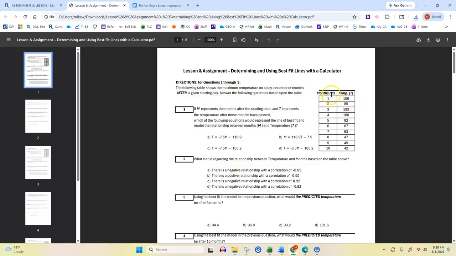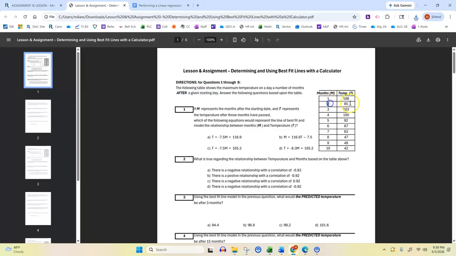Basically, in this scenario we've got the number of months after a given starting date. We don't know what time of the year it is, but what we do know is that 1 month after that starting date the maximum temperature is 106.